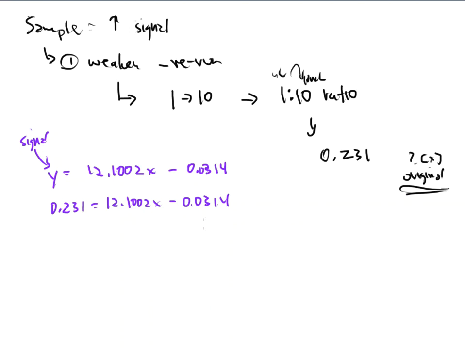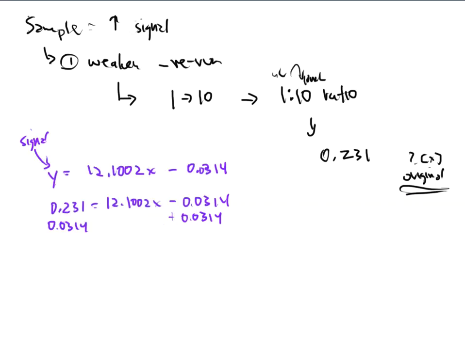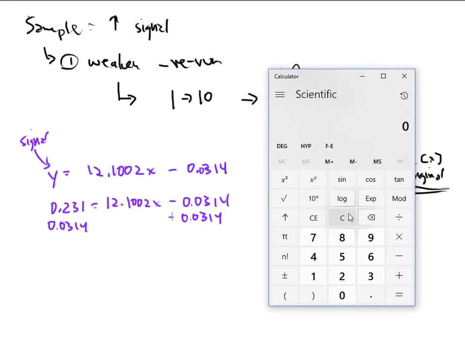So I'm going to solve for x just like I have been doing all this time. So I'm going to add 0.0314 to each side. And I'm going to bring up my calculator again so you can follow with me. I don't want to take anything for granted, right? So 0.231, and then I'm going to add 0.0314, and I'm going to get 0.2624.